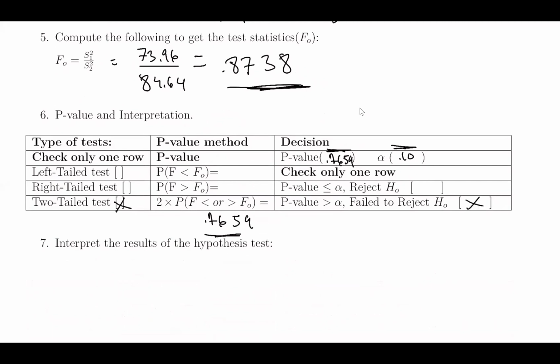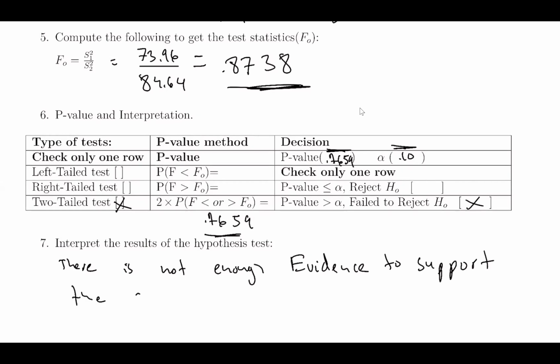So in this case, you say fail to reject. So we'll say there is not enough evidence to support the claim that sigma 1 is not equal to sigma 2.